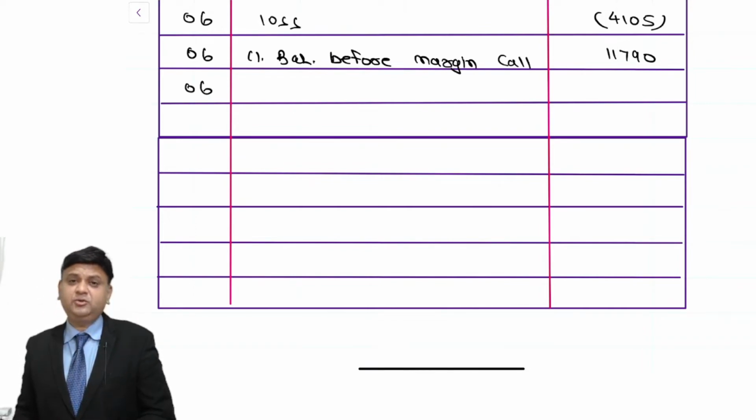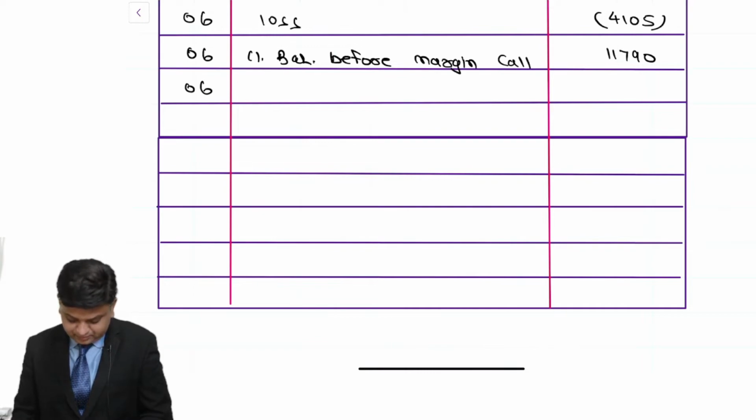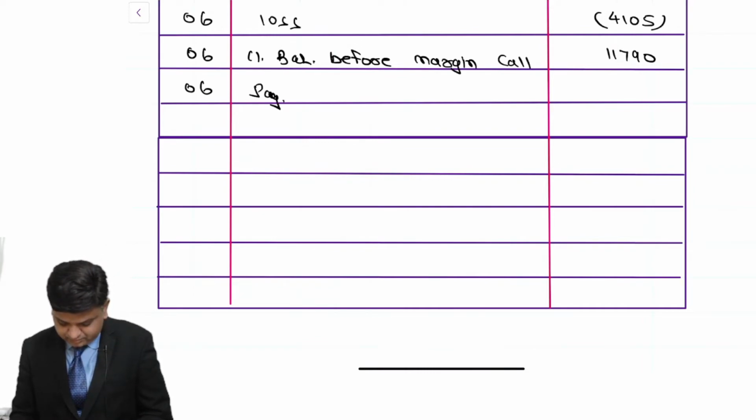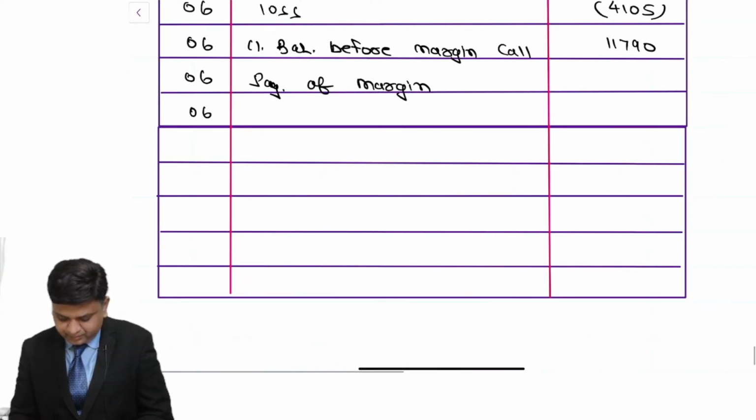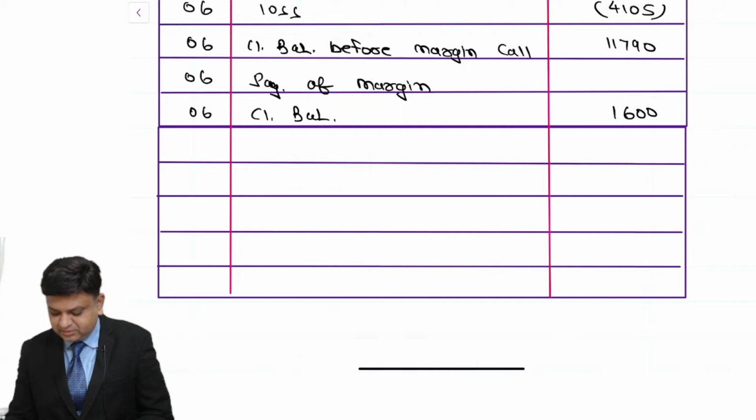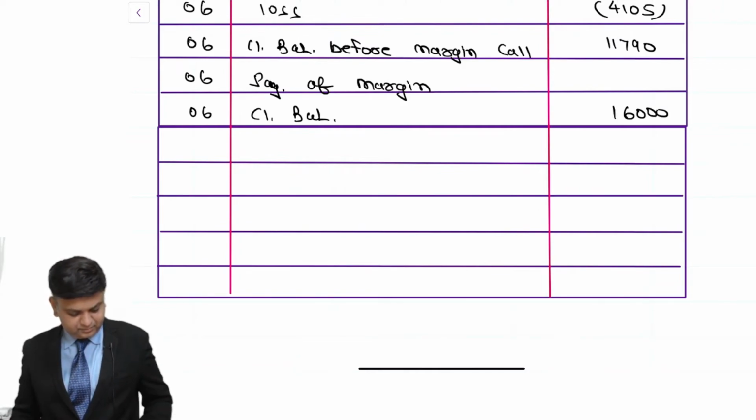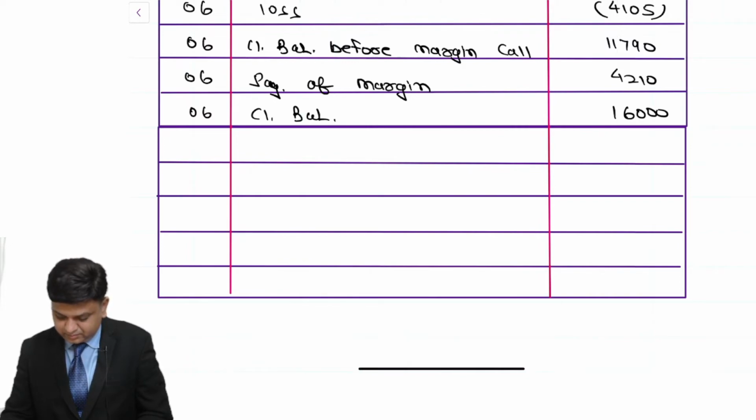On 6th, you are required to make the payment of margin, that is Mr. Abhishek. Why? Because the balance has fallen below 12,000. So payment of margin in such a way that the closing balance is equal to the initial margin, that is 16,000. So it comes to 4210. This is calculated as a balancing figure.